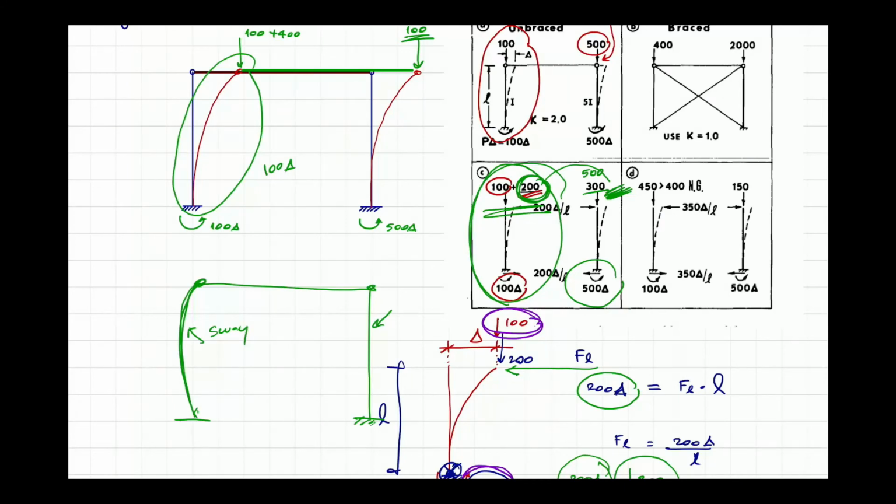So the sway was prevented, this part does not move, the top part does not move, but you put too much force, so the buckling forms like this locally in the left column only.